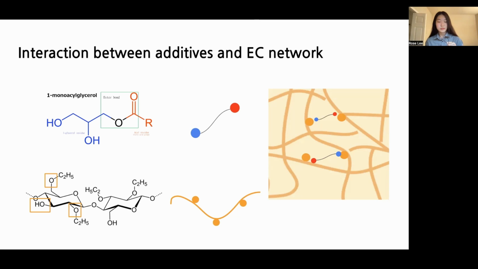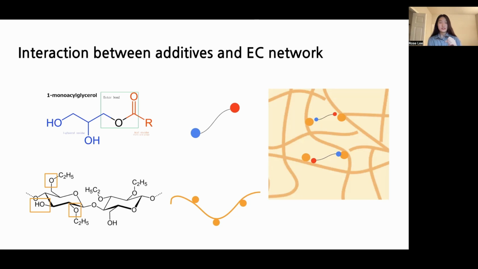Their head groups can interact with the polar groups in the EC chain, and if they have the right size and the right properties, they may act as a plasticizer that allows the chains to slip past each other and rapidly recover the hydrogen bonds in between them so that the oil doesn't leak out. But it might also have other different effects.